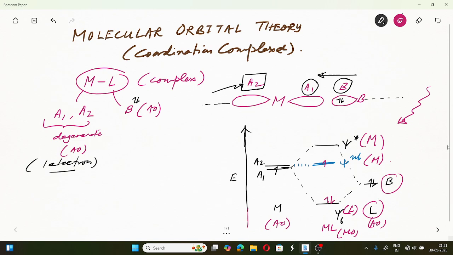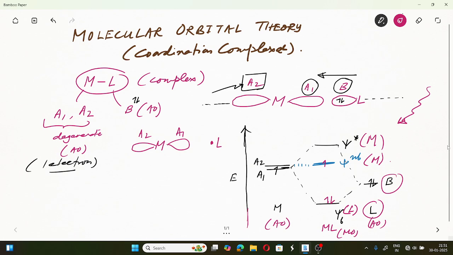Now, if we think in terms of crystal field theory, this is the metal, these are the 2 orbitals, A1 and A2. Now, as per crystal field theory, this ligand, I should name this L, not B. This ligand L is a point charge or a point dipole as per crystal field theory.